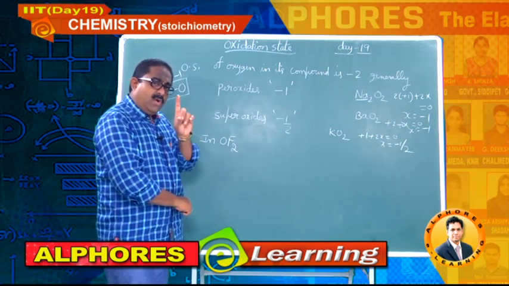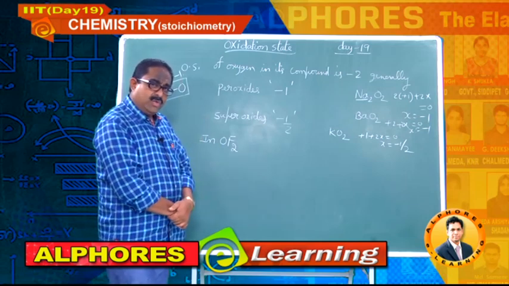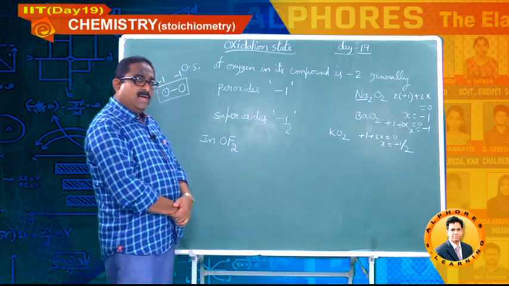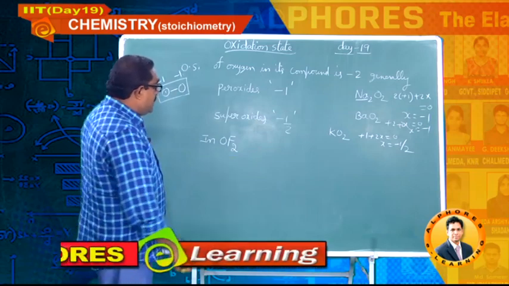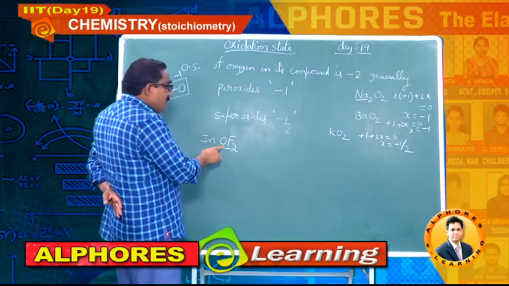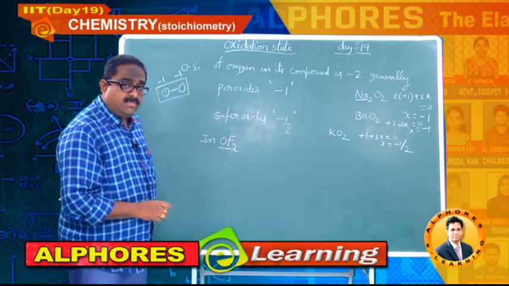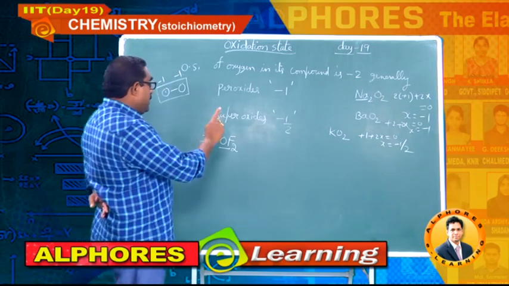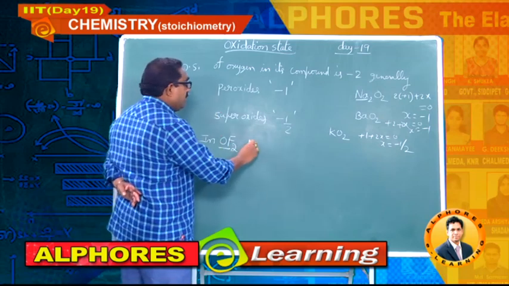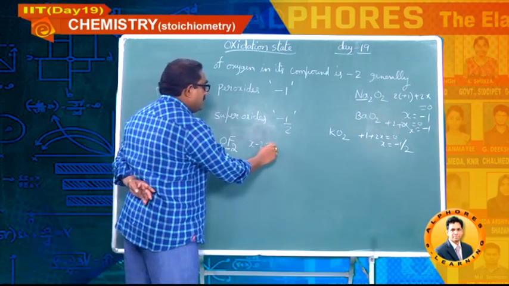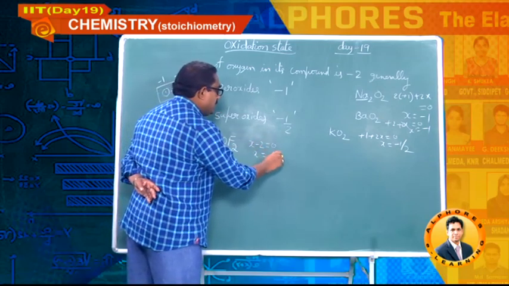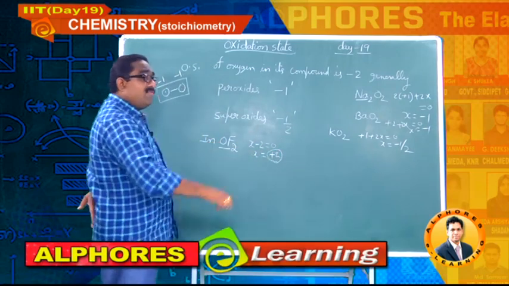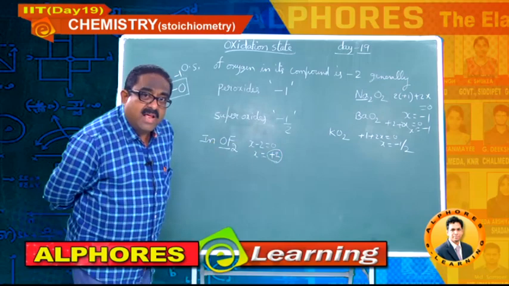It exhibits only one oxidation state, that is minus 1. There is no other oxidation state of fluorine in its compounds. So here you are not supposed to fix for oxygen, you have to fix for fluorine only. Now consider oxygen as x, for 2 fluorines, total is 0. So it is plus 2. So the oxidation state of oxygen in OF2 is plus 2.